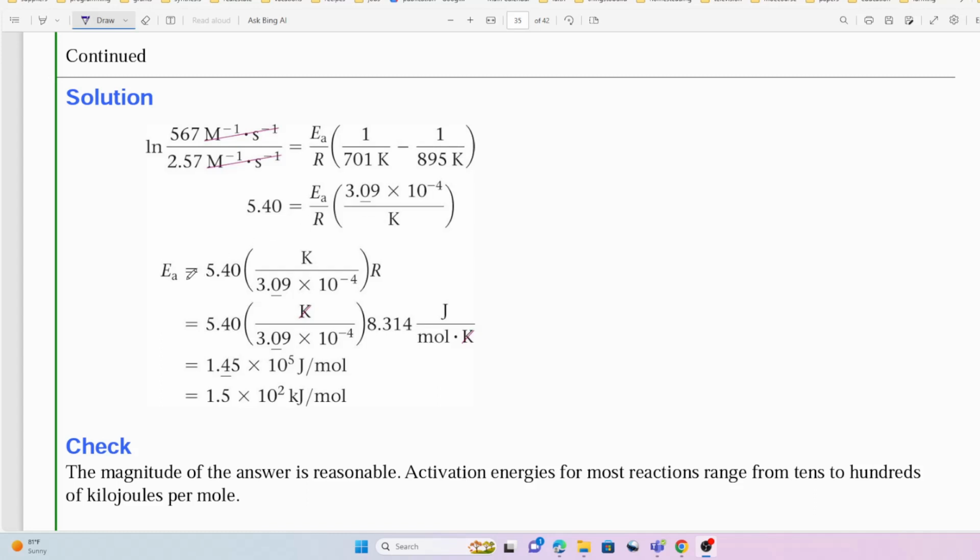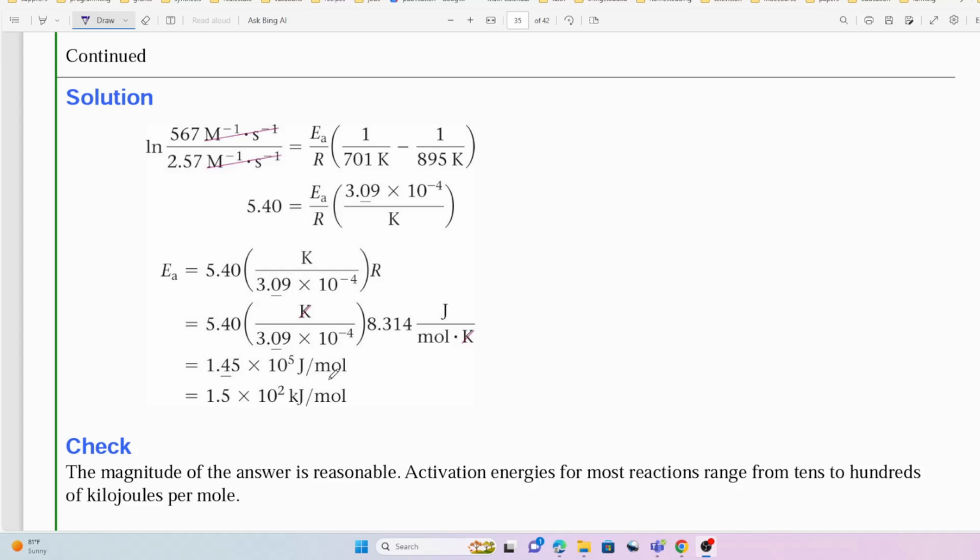So we get the activation energy is equal to 5.40 times K over 3.09 times 10 to the minus 4 times R. If we plug the R in, we get the activation energy is equal to 1.45 times 10 to the 5th joules per mole.